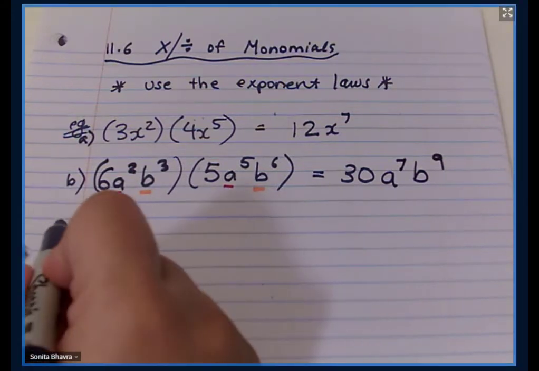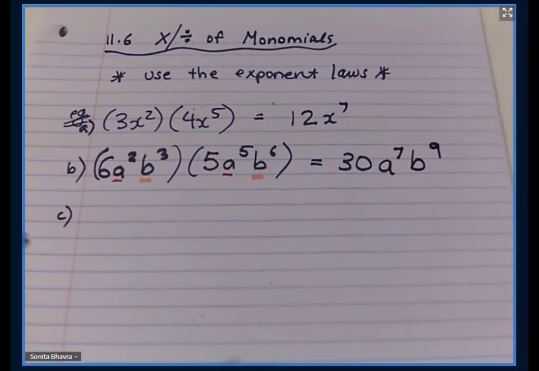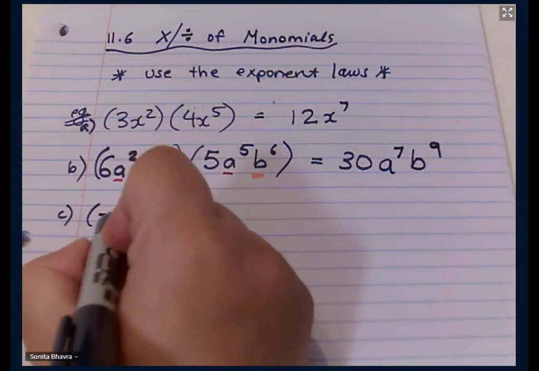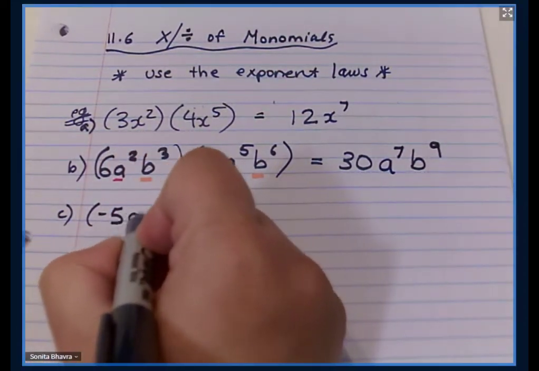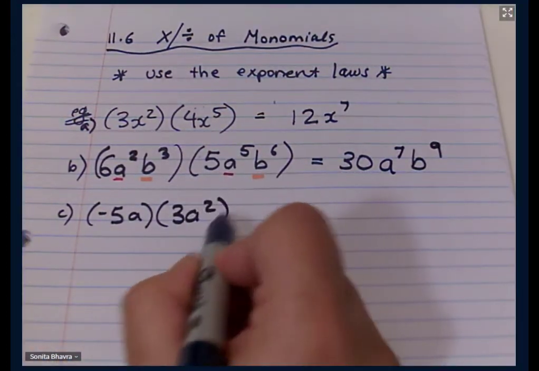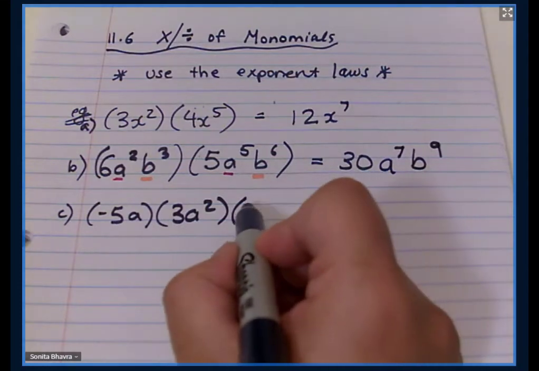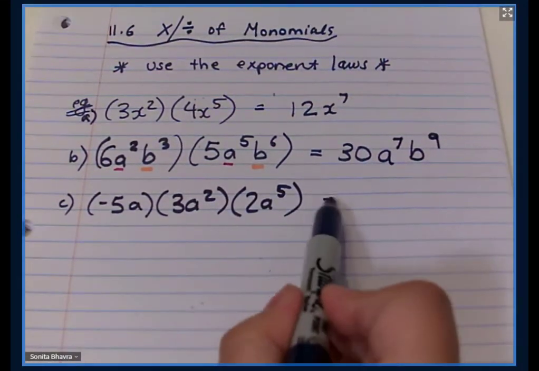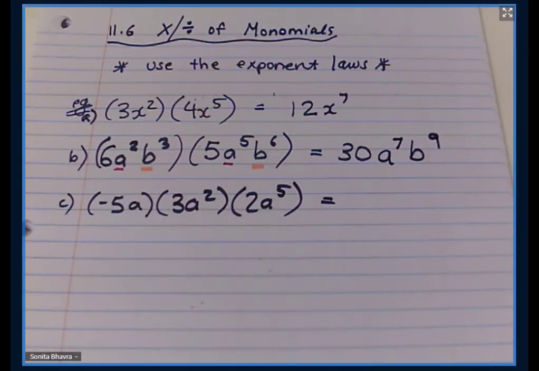Okay, let's take a look at a couple more here. Negative 5a multiplied by 3a squared multiplied by 2a to the power of 5. All right, so we got three brackets here.